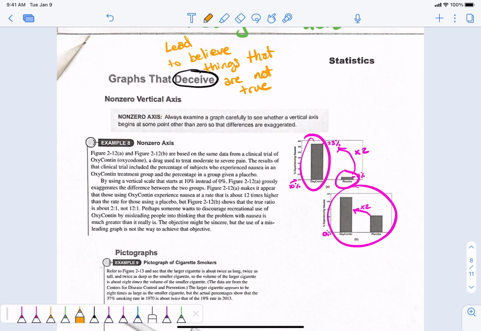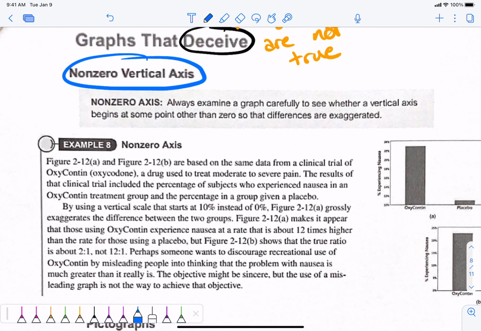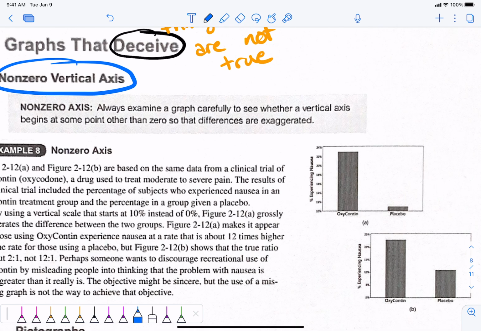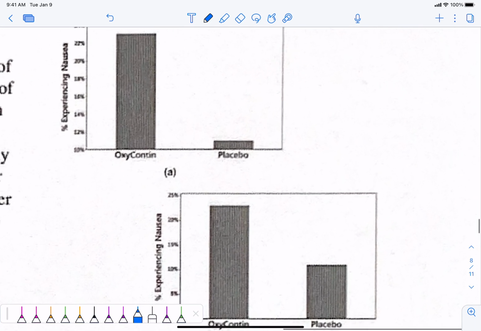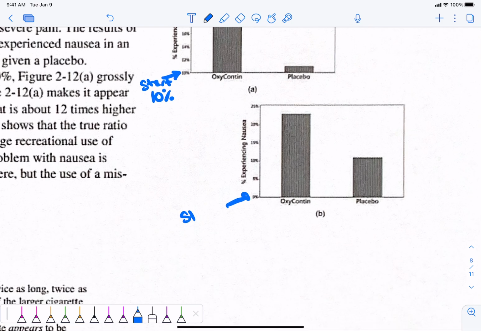Okay, so I'm going to erase stuff here. One of the main forms of a deceptive graph is a non-zero vertical axis. We talked about that yesterday, but that's what it's called, a non-zero vertical axis, okay? That means, like these two graphs that we had over here, this one started at 10%, and this one started at 0. Which one is the good one? Zero. Right?